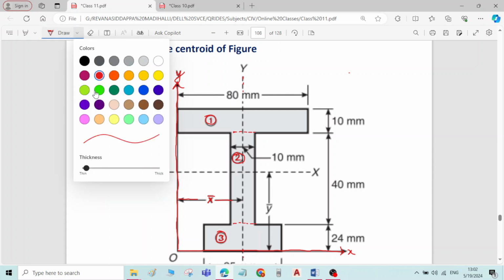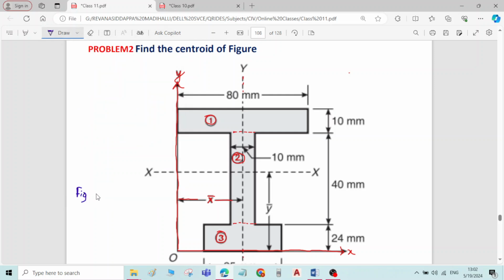So in the solution I will write: figure is symmetric about y-axis. Therefore x bar is equal to 80 by 2, which is equal to 40 mm.